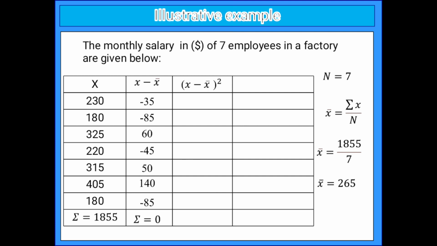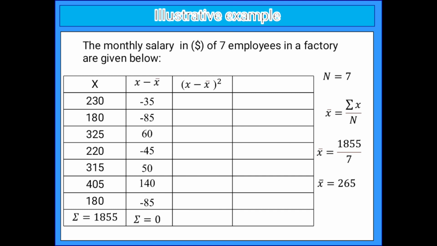Alright, and next up, for the third column, we're going to get the square of those computed values for the difference between each of the data in the set and the mean. So we're going to square this. Why? Because we need to get the value for the standard deviation. And you know already that the formula for getting the standard deviation is the square root of the summation of x minus mu, or the mean, squared over n.